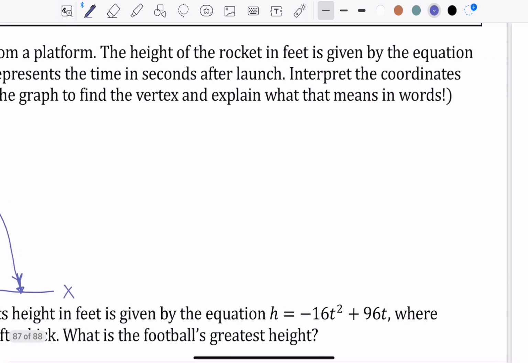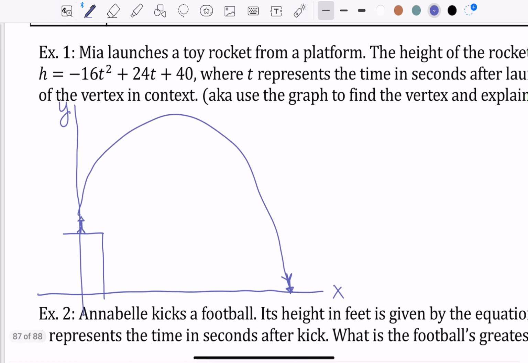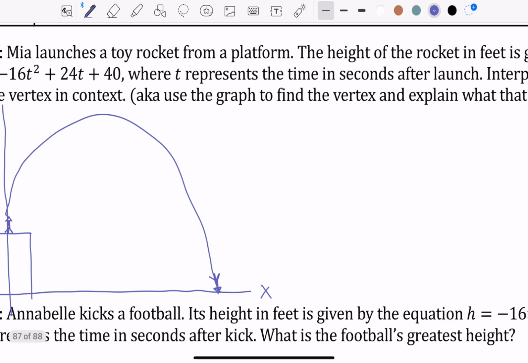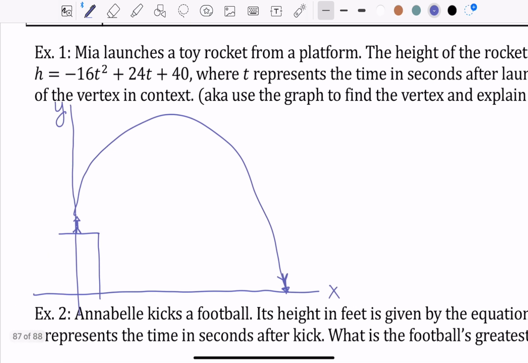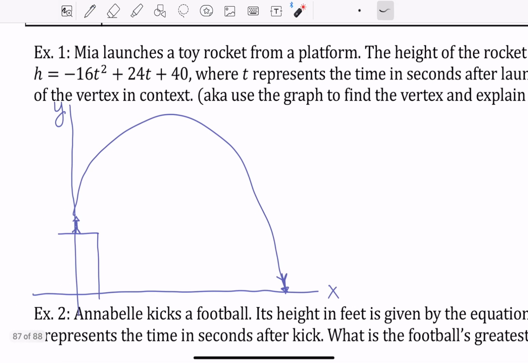So here it says the height of the rocket in feet, where t represents the time in seconds. You'll notice t is replacing x for us here. So this is the x-axis. That means this one is time in seconds. And that means that our y would have to be feet. You can say height in feet.